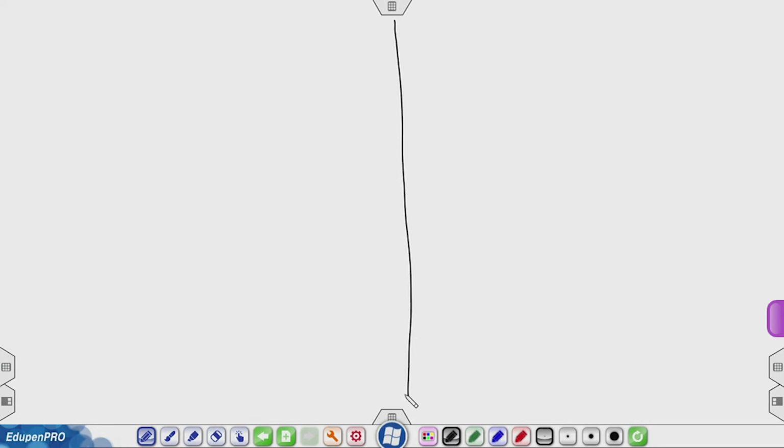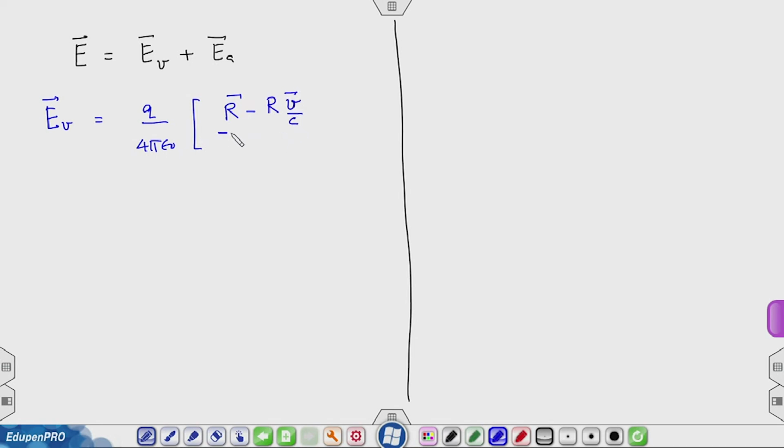So, when you combine all this, you get E equals EV plus EA, where EV has a very simple form, comes out to be equal to Q over 4 pi epsilon 0, R minus R V over C divided by S cubed, 1 minus V square over C square.